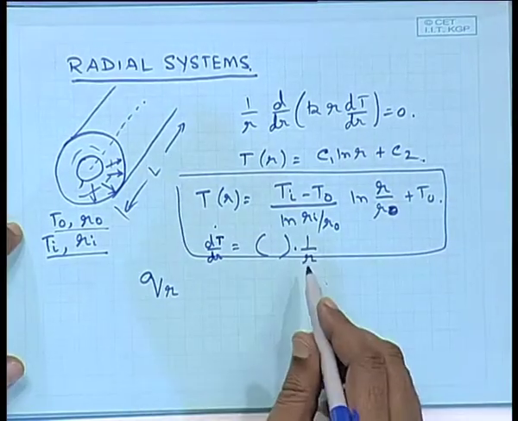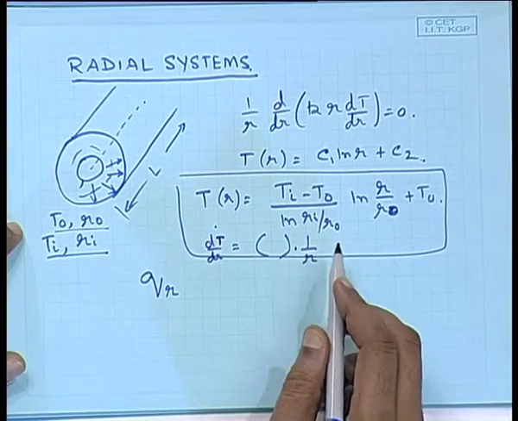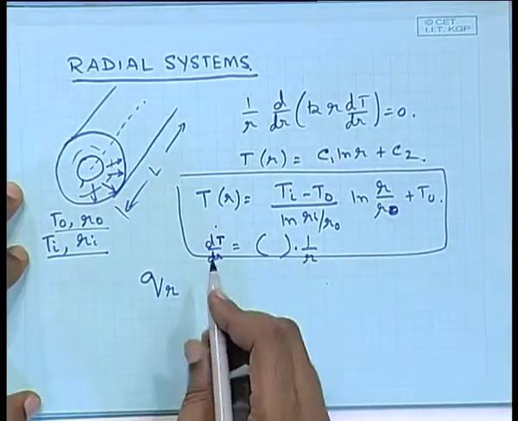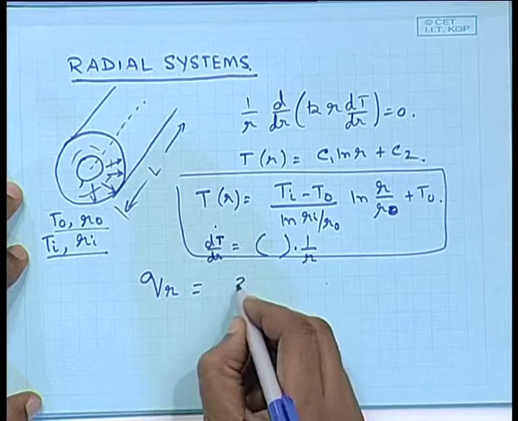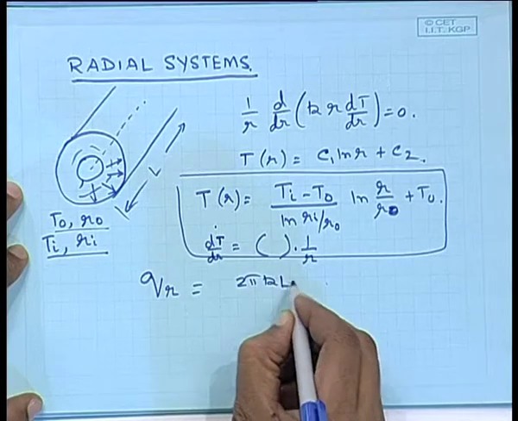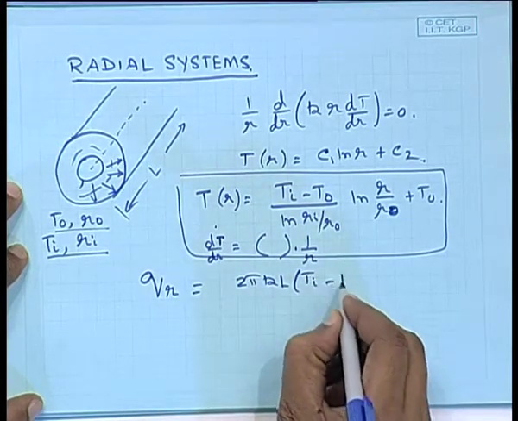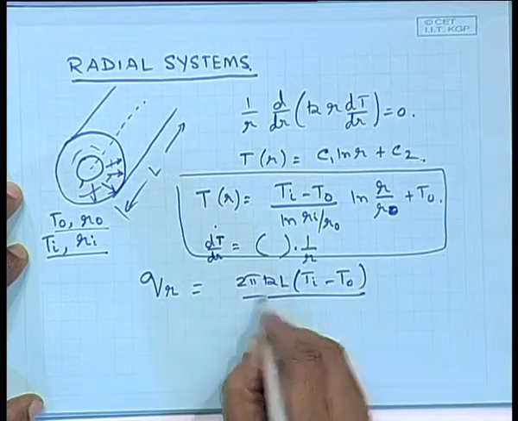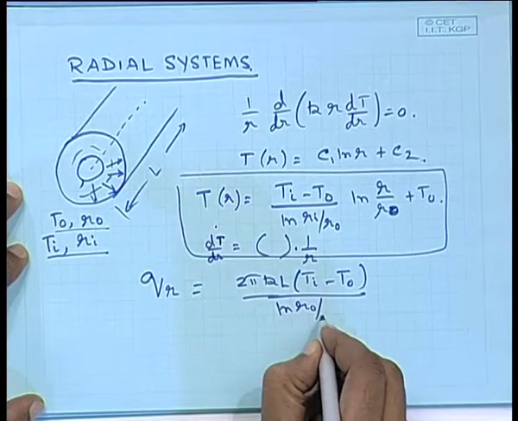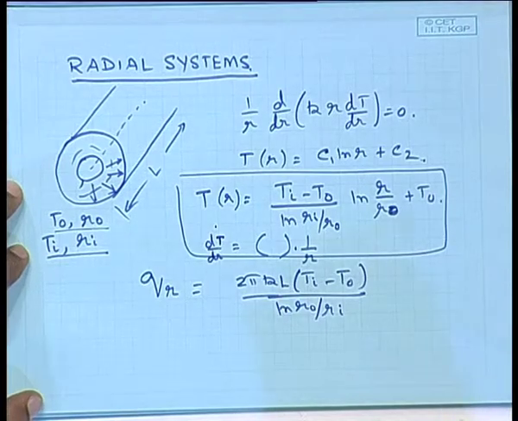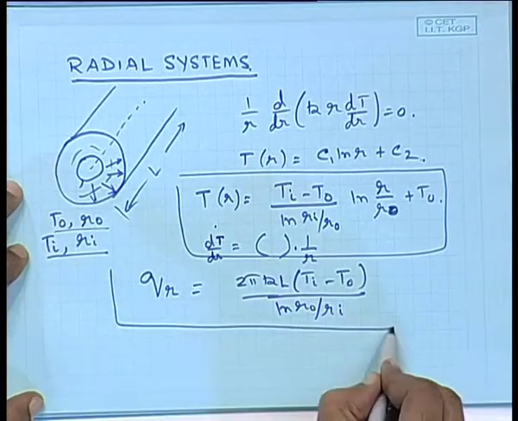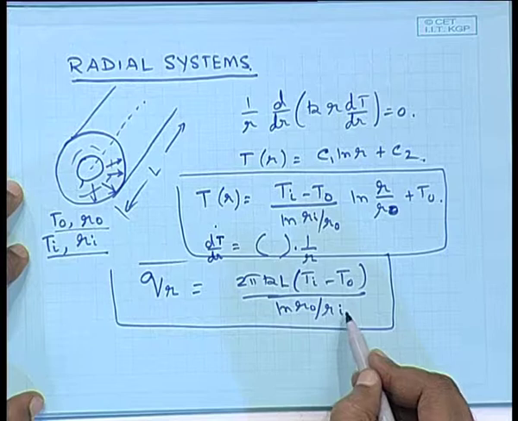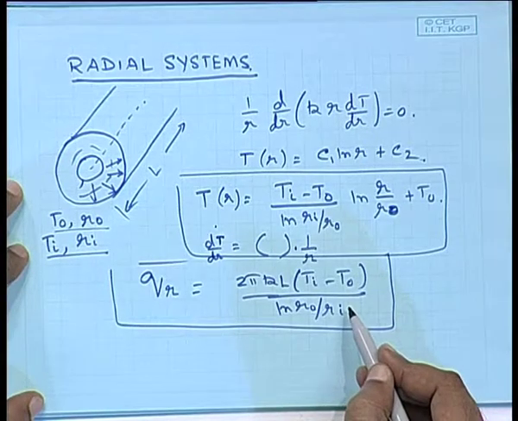And when you multiply this with the proper surface area, what you get is twice pi. Again, I skipped few steps in here which are not necessary for the understanding of the process. So, the heat rate, which is a constant, the expression of that is going to be this.